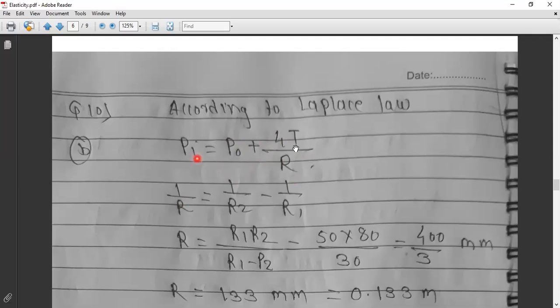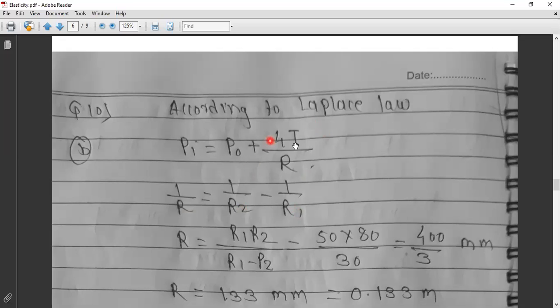Then compare the equation for the first bubble and second bubble. Then we get the radius of the common interface, 1 upon R is equal to 1 by R2 minus 1 upon R1.